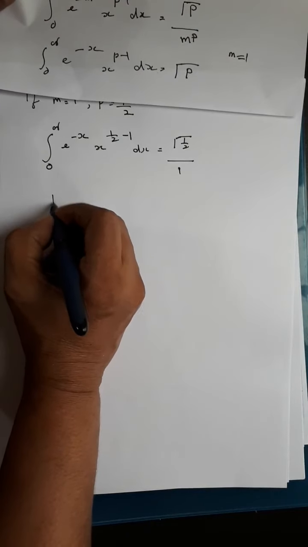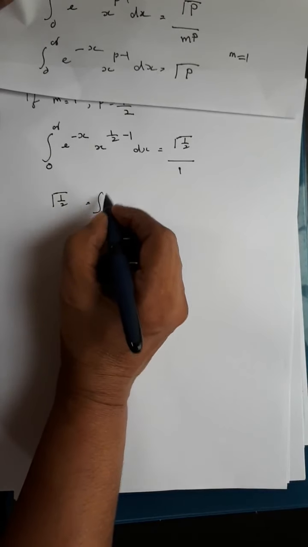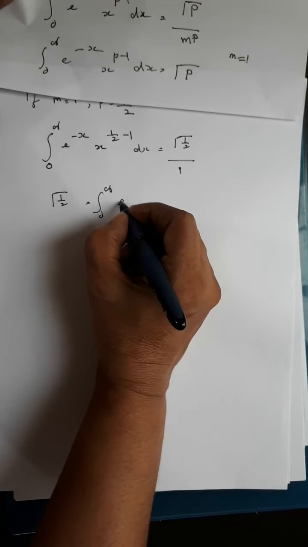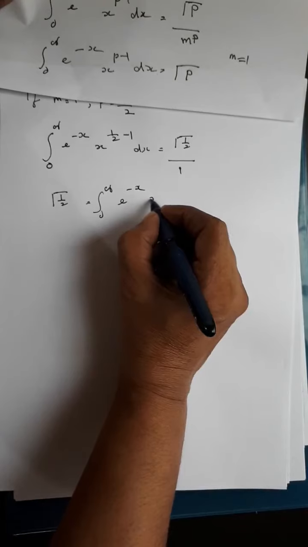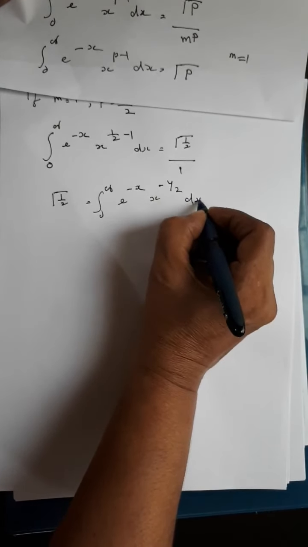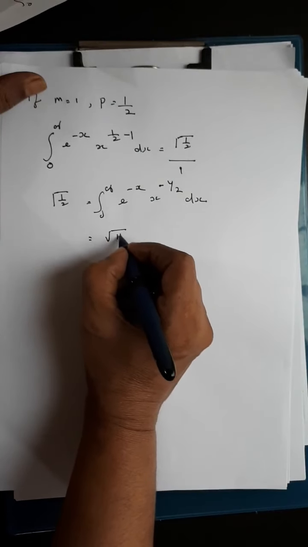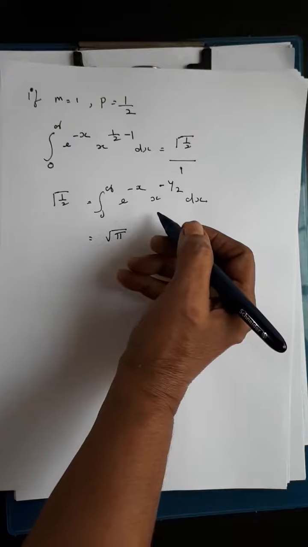That is, gamma 1 by 2 is equal to integral 0 to infinity e raised to minus x x raised to minus 1 by 2 dx. And this is equal to root pi by definition.